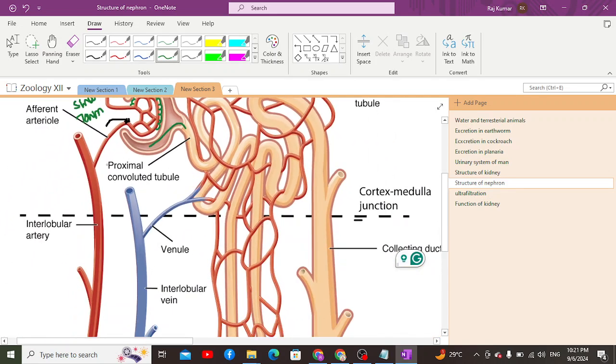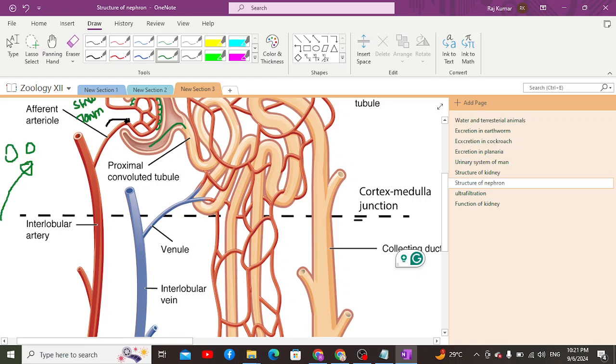Whenever the blood is being filtered from the glomerulus into the Bowman's capsule, larger particles such as blood cells and plasma proteins are not supposed to enter the Bowman's capsule, so in order to prevent them from entering, the podocytes are covered.